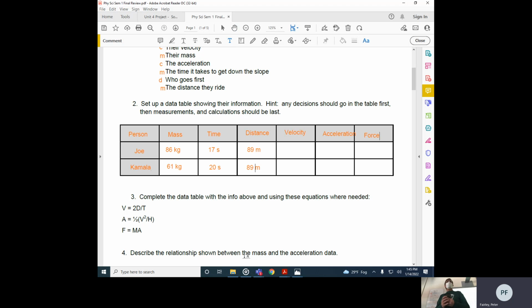Anybody need a calculator? Wait, is that 2 times the distance? Yep. And then times? Nope. Or divided by time?